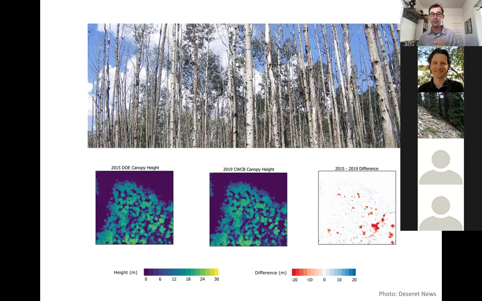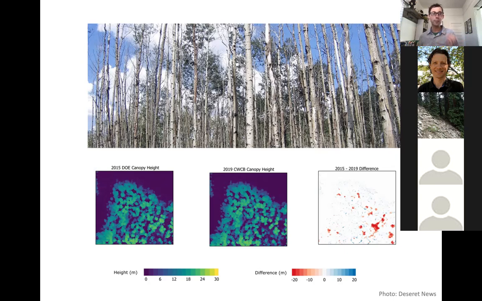We've got the difference between the 2015 and 2019 canopy heights, highlighting places where individual crowns have died, either totally died or just been fallen over or defoliated. And this is now our response variable, right? We now have a map of where all of the aspen crowns in our region that died between 2015 and 2019, where exactly they were.